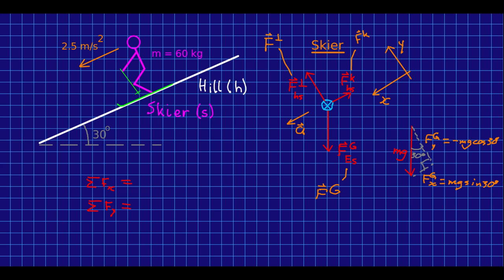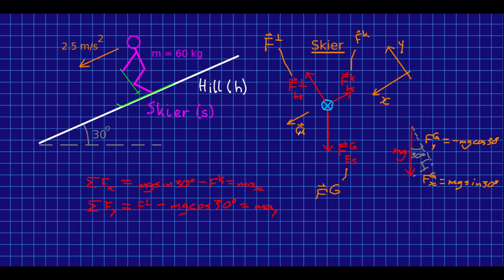And so now I'll put those in. I have an x component of the gravitational force, and the only other force with an x component is Fk, and its x component is negative its magnitude. And so that is all equal to max, and I'll come back to that in a moment. And now my sum of y components, I have F perpendicular, and I've already worked out I have minus mg cos of 30 degrees, and that equals may.